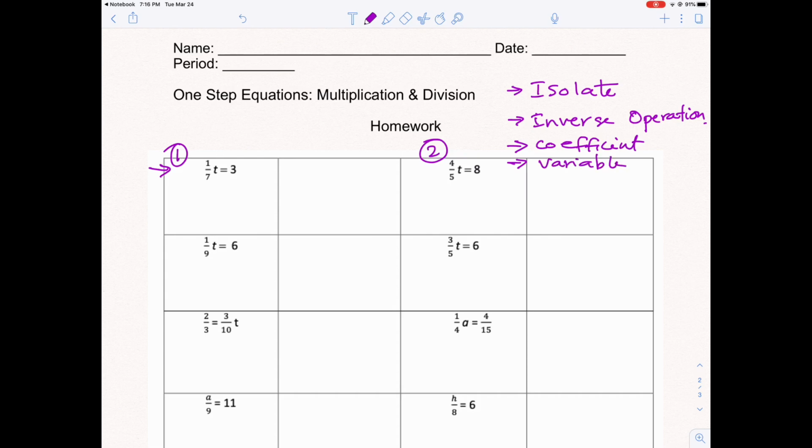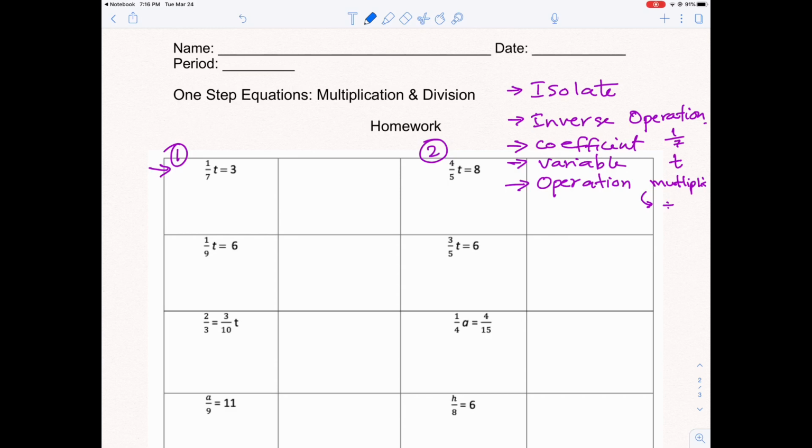In this case, our variable is t, our coefficient is 1/7, and one more thing that we have to identify is the operation that's being performed on this equation. The operation looks like it's multiplication. So if it's multiplication, the inverse operation is division.